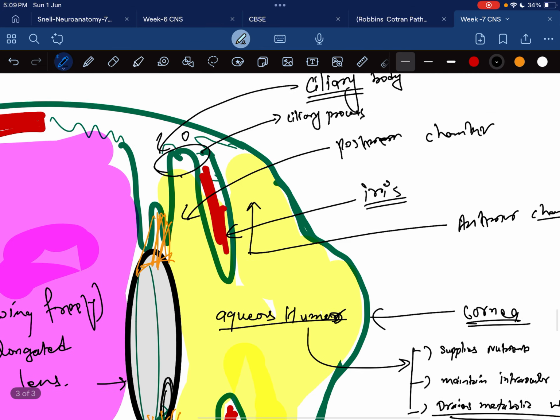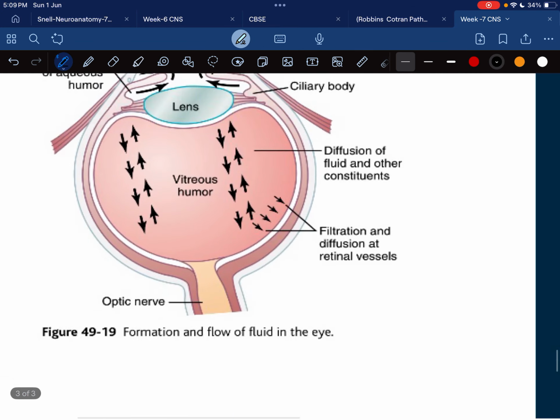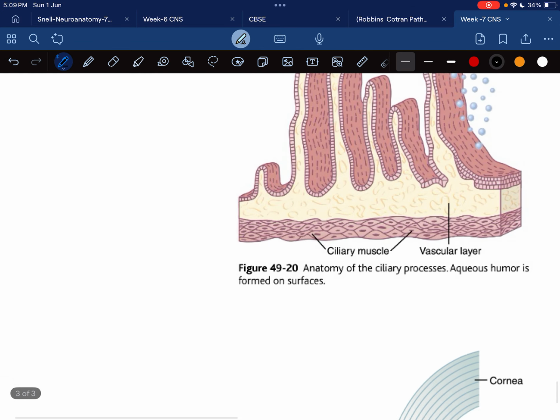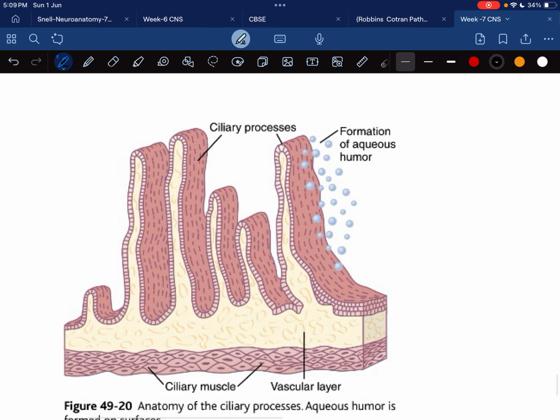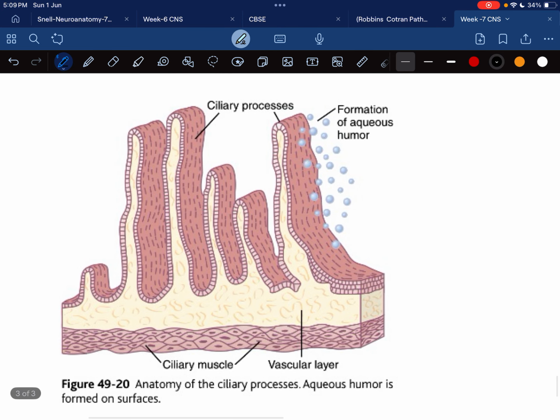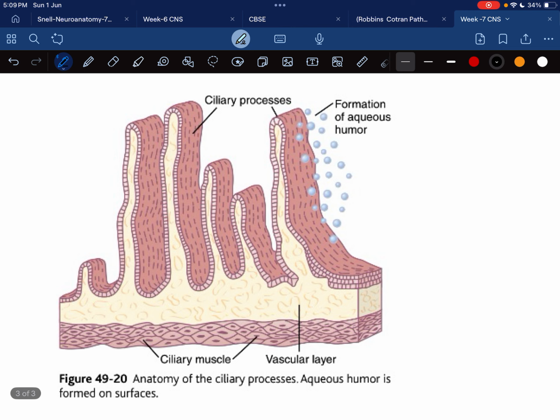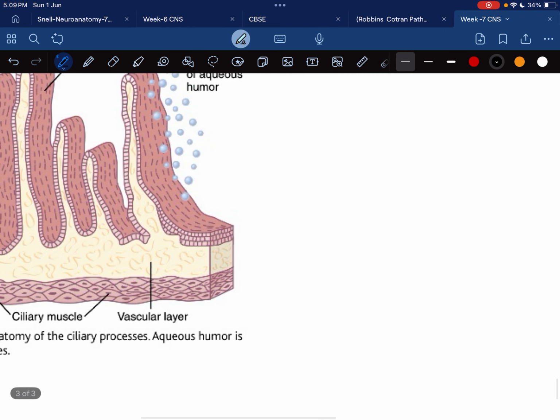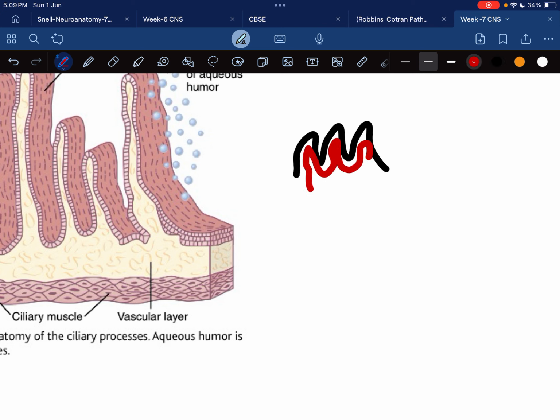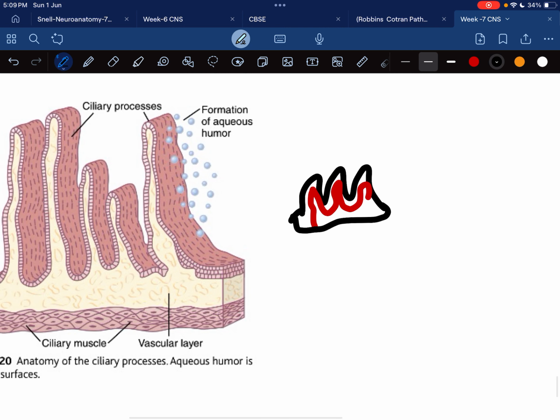In this image, this is the ciliary process, and in between there is a vascular layer, surrounded by the ciliary body. It is a folding structure.